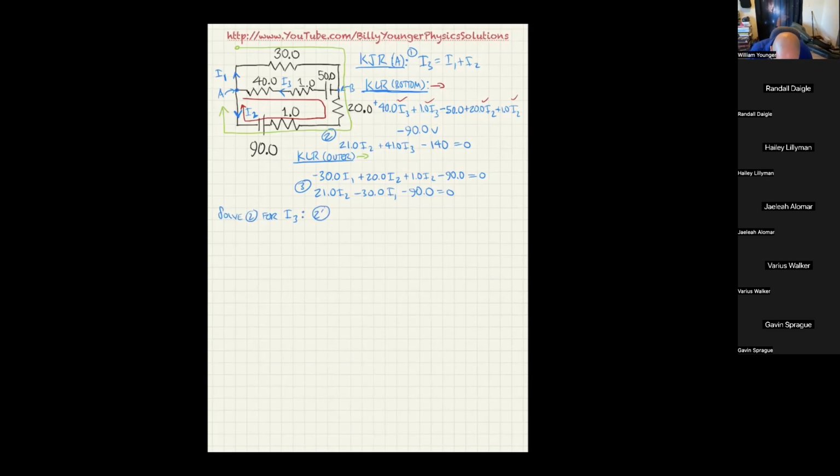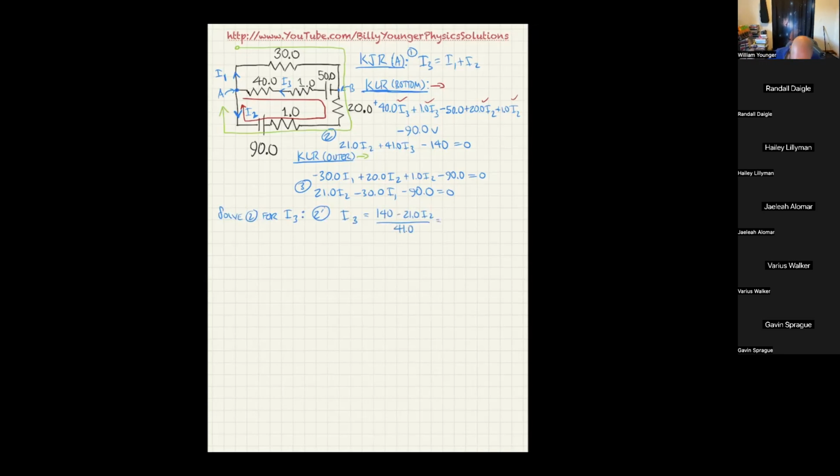So I3 is going to be equal to 140, because when I put it on the other side of the equation, it becomes positive, minus 21.0 I2, and now I've got to divide it by 41.